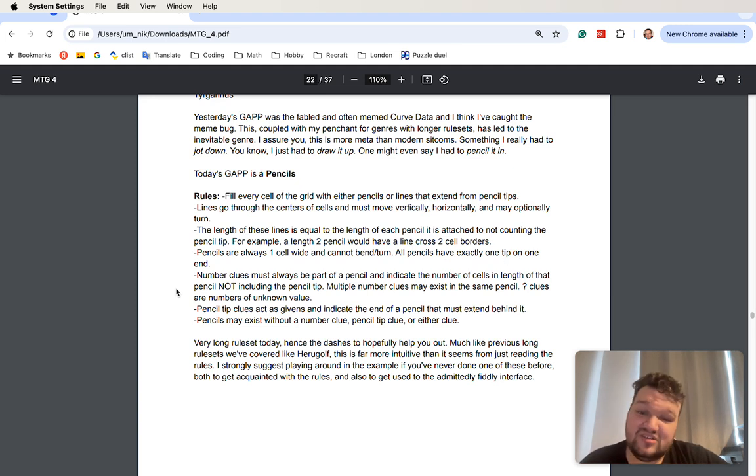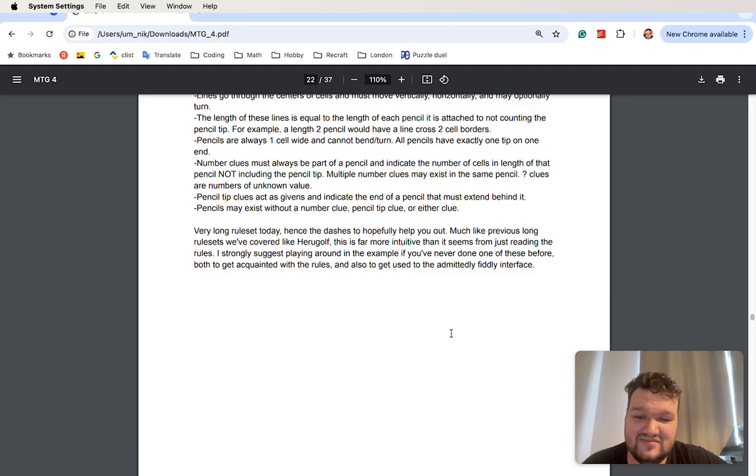Number clues must always be part of a pencil and indicate the number of cells in the length of that pencil, not including the pencil tip. Multiple number clues may exist in the same pencil. Question mark clues are numbers of unknown value, so they must be inside pencils. Pencil tip clues act as givens and indicate the end of a pencil that must extend behind it.